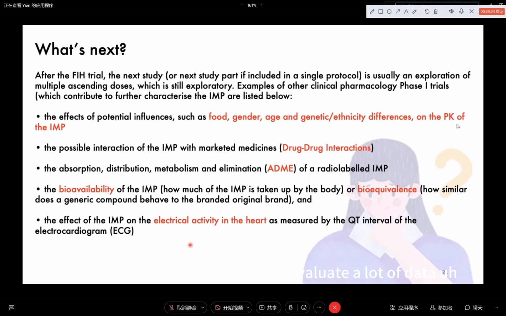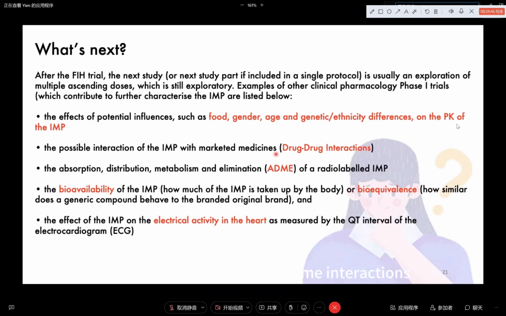Usually the principal investigator will also evaluate a lot of data to further characterize this drug, including the potential influences such as food, gender, age, genetic and ethnicity differences on the pharmacokinetics of this investigational drug.